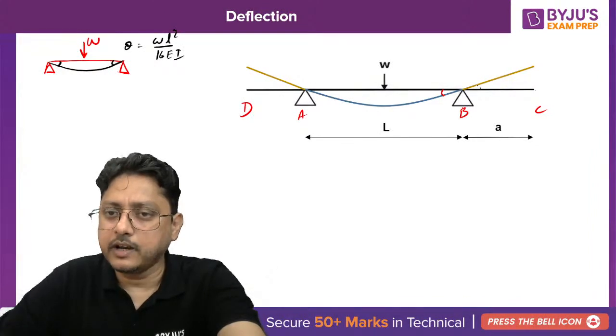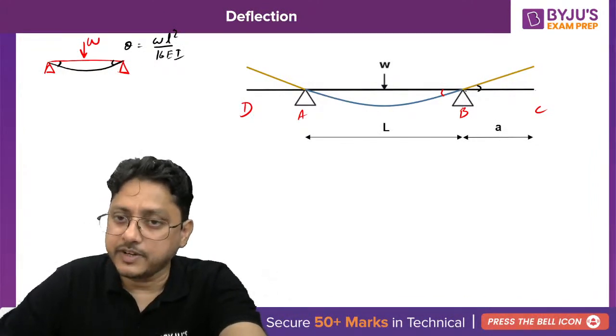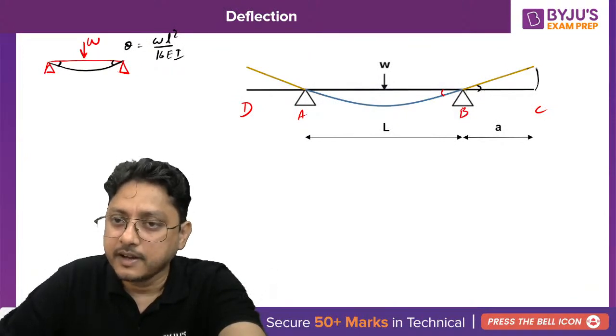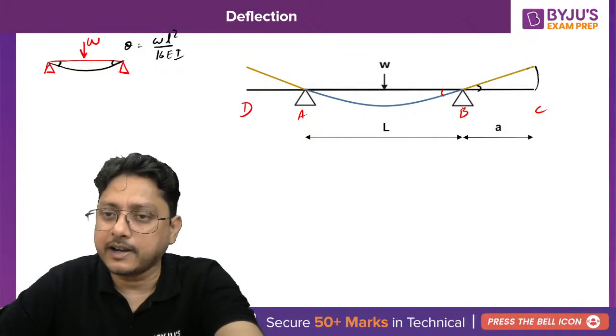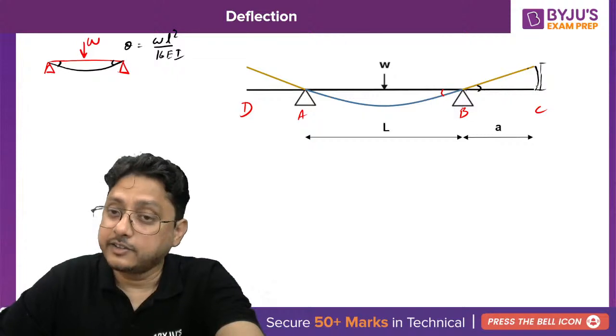After knowing the theta value, how can you calculate the deflection? Once again, since it is going to be straight, you can consider that it has been rotated from here. As I told you, for small deflection and slope, one can take the arc length as a normal straight length. Arc length is r theta.